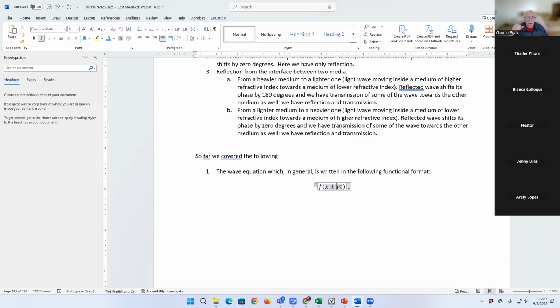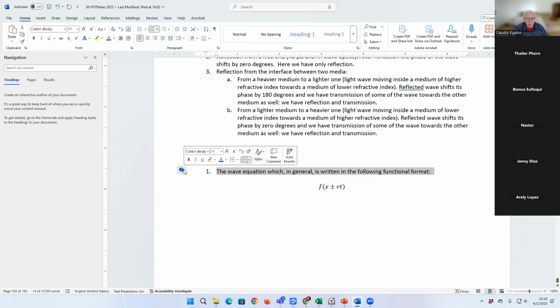It can be a linear function of x plus or minus vt. It can be a square wave, x plus or minus vt, everything raised to the second power, and so on. Okay? The equation of a wave.